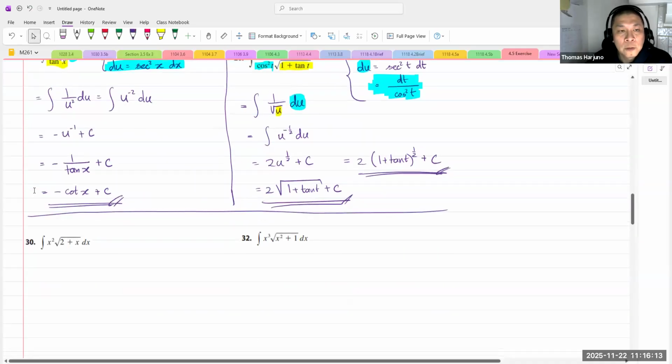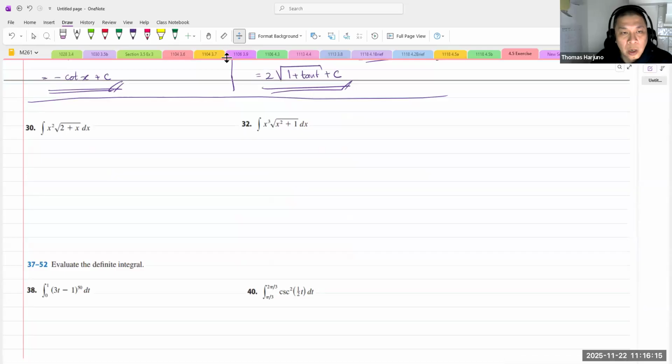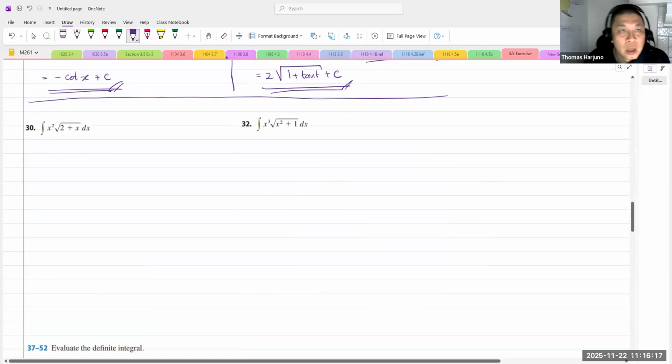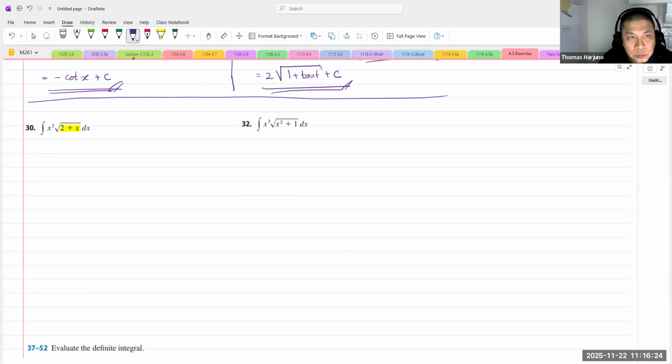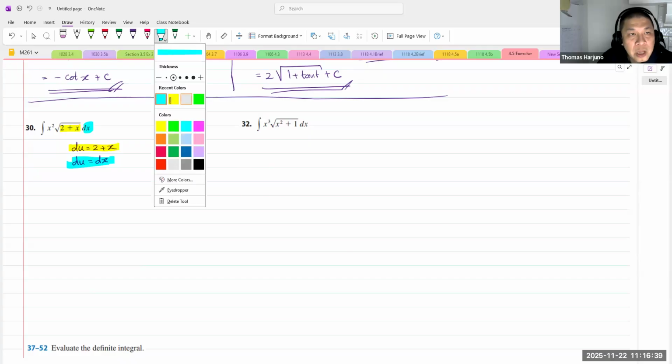Okay, let's go on. Number 30. This one is new stuff, because we replace 2 plus x as our u, and du equals dx, right? So we do have this already. The problem is, what happened with that x squared?